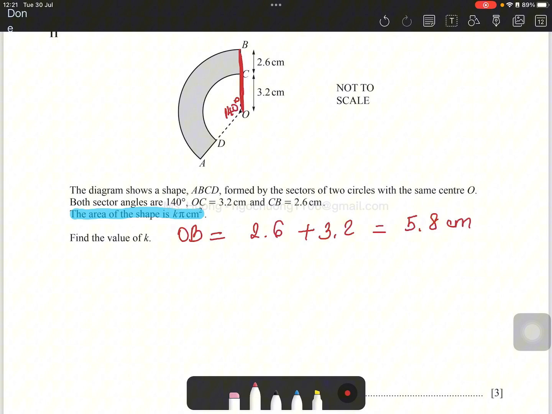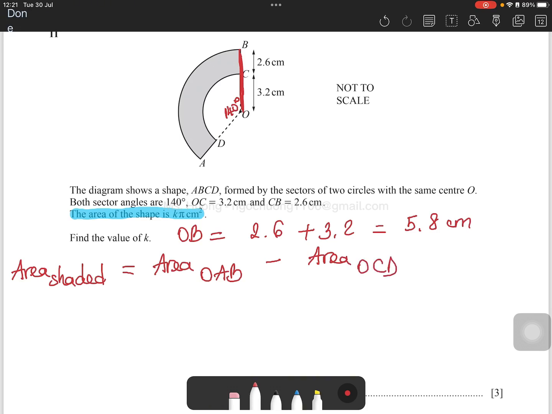So the area of the shaded region is equal to the area of the sector OAB subtract the area of the sector OCD.